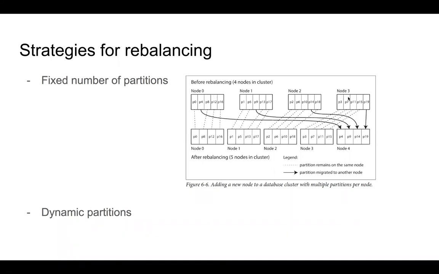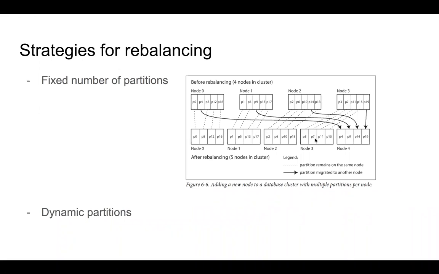Earlier we had 4 nodes, and later we had 5 nodes in the cluster. Earlier each node had 5 partitions. During this rebalancing, each node gave one partition to the newly added node. So now after the rebalancing, every node has 4 partitions.